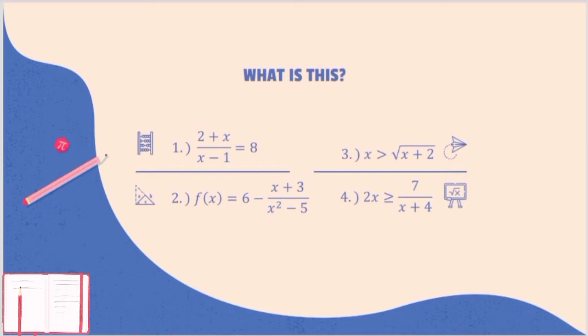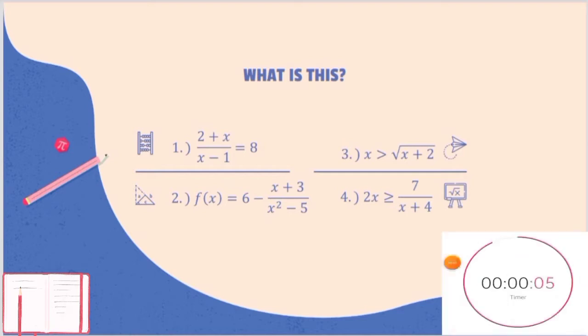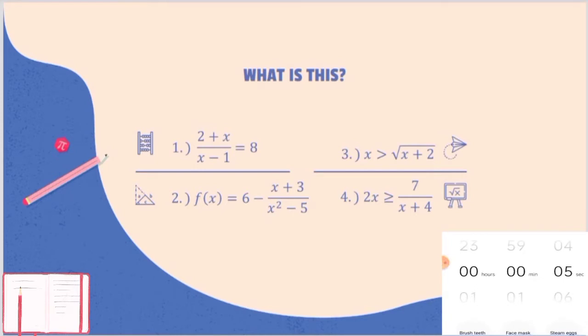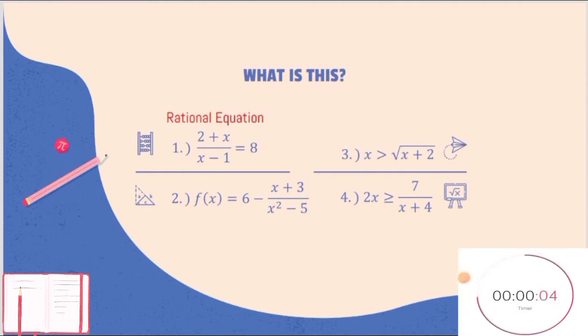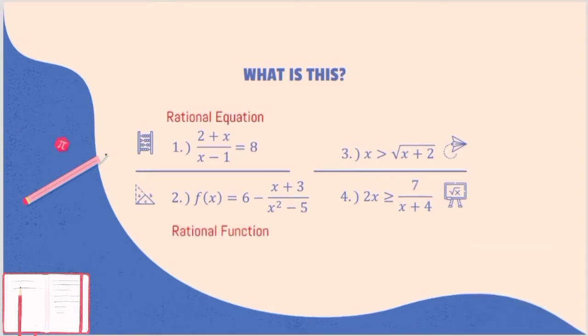Now, let's try to identify a rational equation, rational inequality, or rational function. Let us start with number 1. Number 1 is a rational equation. How about number 2? Number 2 is a rational function. Let's proceed to number 3.